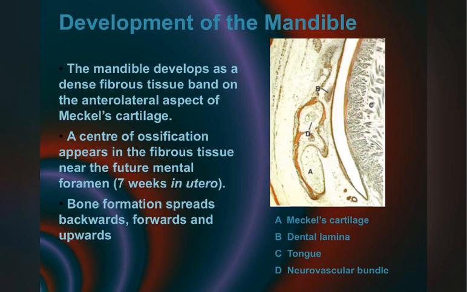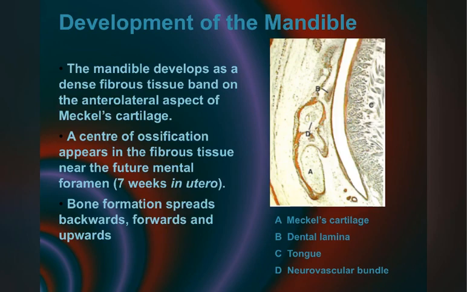The future mental foramen corresponds to the area where the inferior alveolar nerve splits into two nerves. One is called the mental nerve and the other is called the incisive nerve. In that site, the first sign of development of mandibular bone begins.